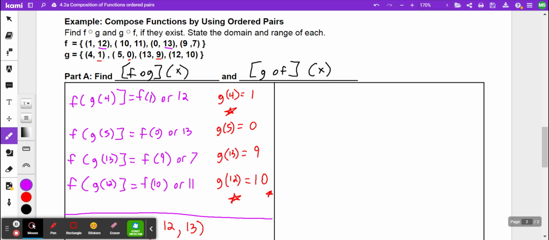Now, the only thing different that we're seeing right here is that you might mix these up. You might think, hey, which one do we do first? If you look at this, do it in order. This is saying, hey, I want to do this rule onto this guy.